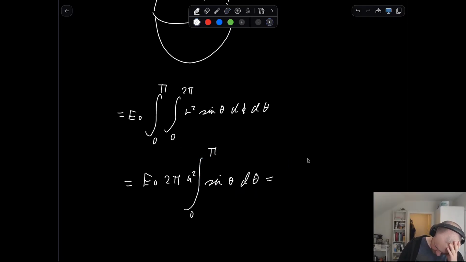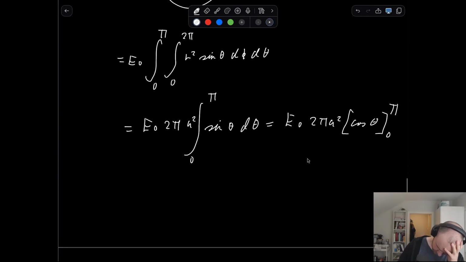Then you can just integrate this. That's just E0, 2 pi, a squared, with minus cosine theta from pi to 0.